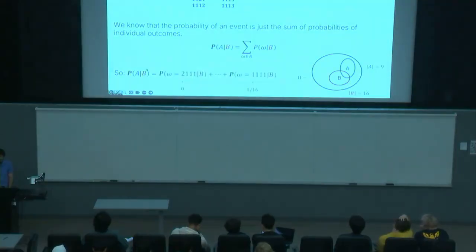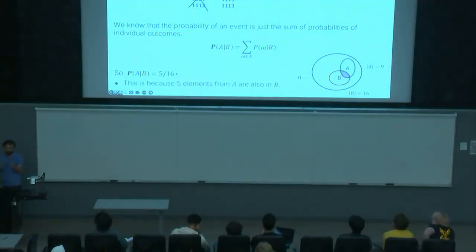So if the probability of this is 0 and the probability of this is 1/16, what is the overall probability of A given B? In other words, if we add up each of these probabilities, you just figured out these are all 0, and this one's 1/16. What's the probability if we add all of them going to be? 5/16, right? That's because there's basically only 5 of these elements. See, I've made them purple now.